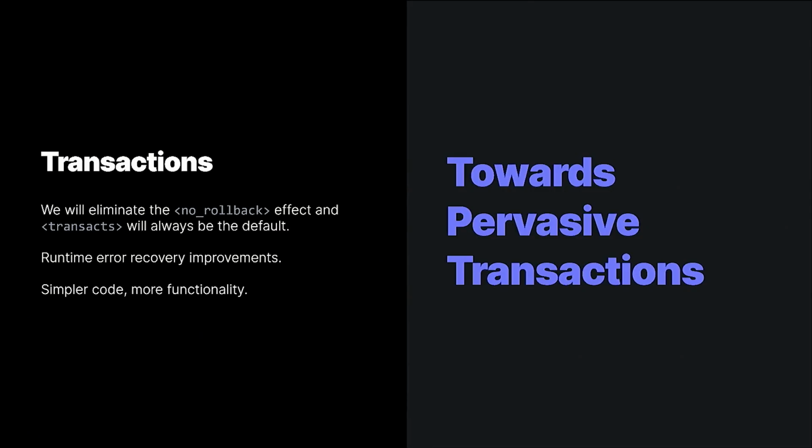But with AutoRTFM being applied pervasively and all Verse code running in a transaction, what that'll mean is if your code experiences a runtime error, then at least after that runtime error, whatever happened up to that runtime error is undone and you're back to a clean state. You won't be able to catch runtime errors yourself, but at least the state of the system will be in a known good state after an error.